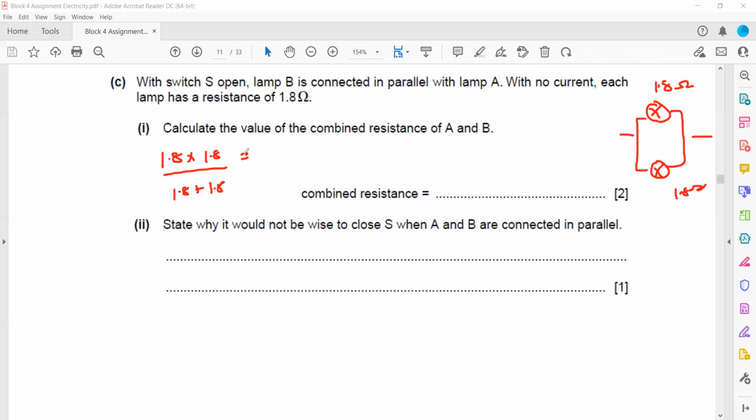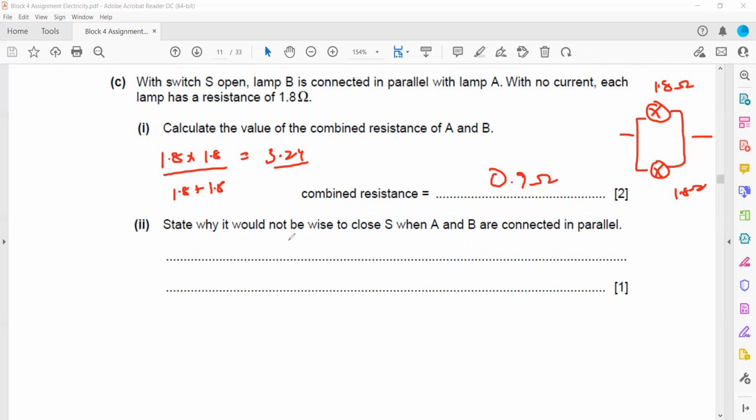So 1.8 times 1.8, that is the product, which is 3.24, divided by the sum 1.8 plus 1.8, which is 3.6. So 3.24 divided by 3.6 is equal to 0.9 ohms. So whenever two lamps are connected in parallel, the combined resistance will decrease.